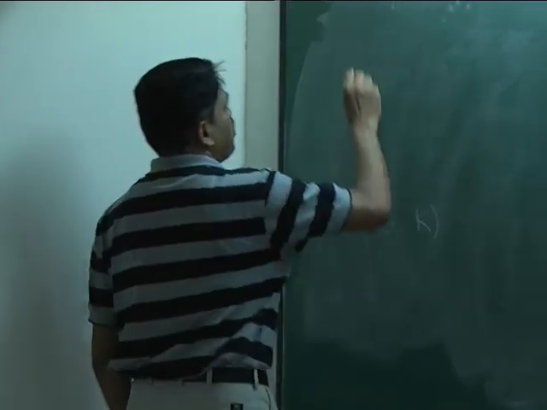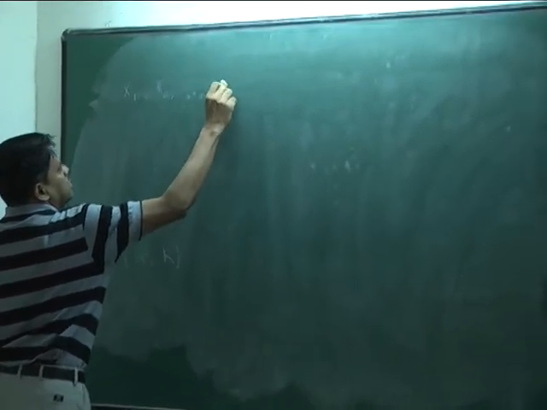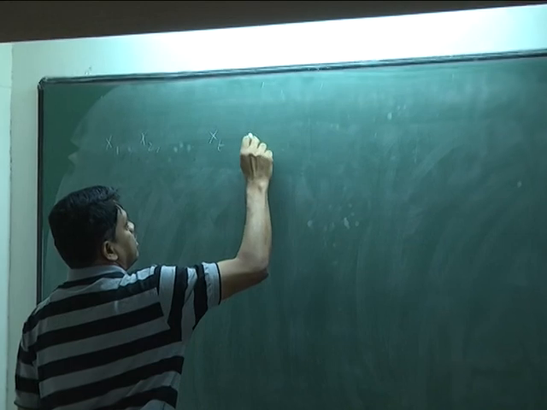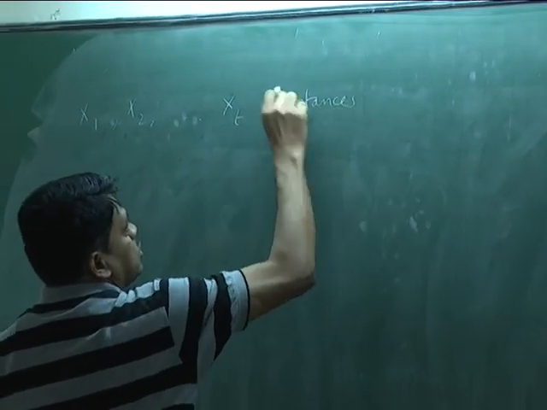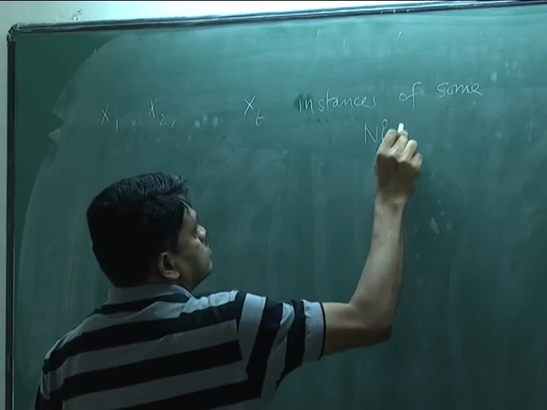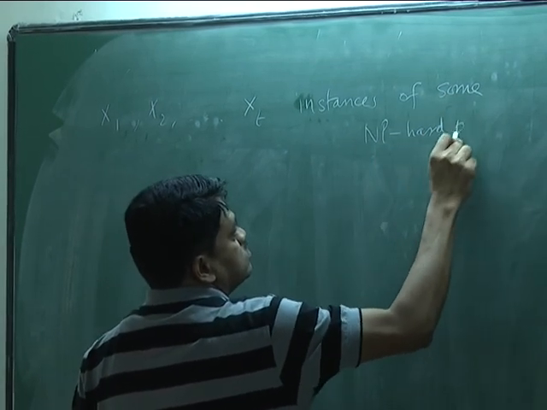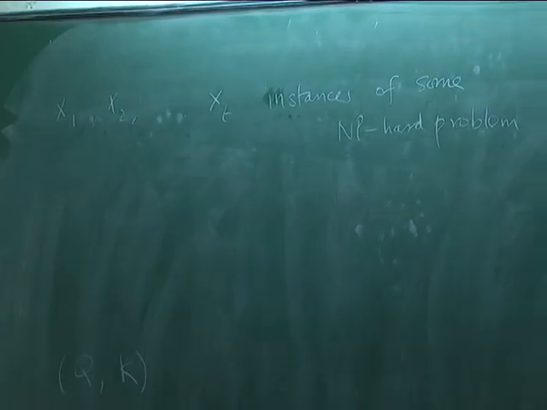You start with t instances of some NP-hard problem. It could be the same problem, it could be a different problem.